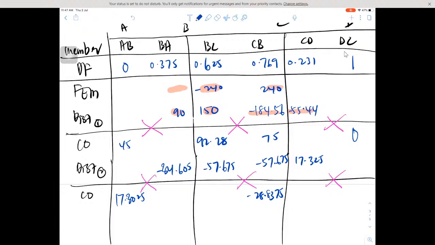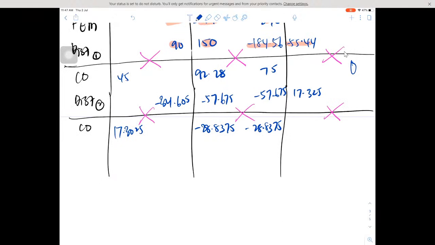If we use 2, the answer may be quite different. The same value here, negative 28.8375 as well, because it is the same. Next one, 17.325 divided by 2 is 8.6625. Okay, like this.